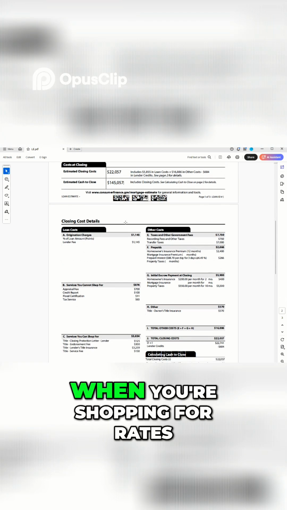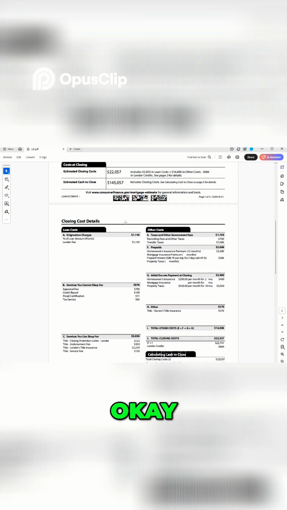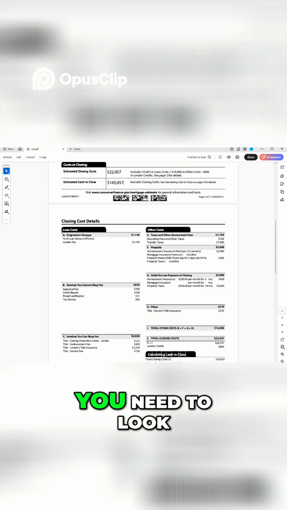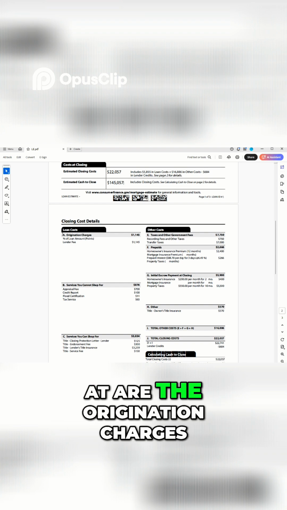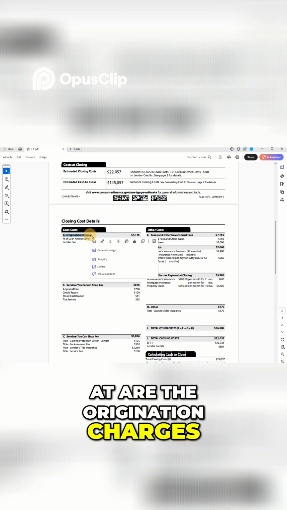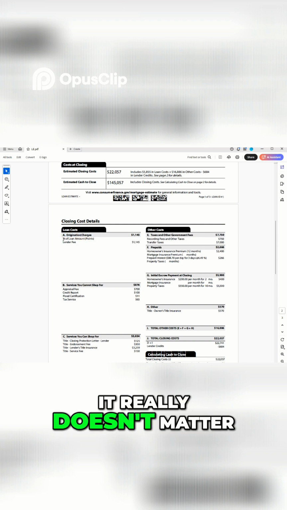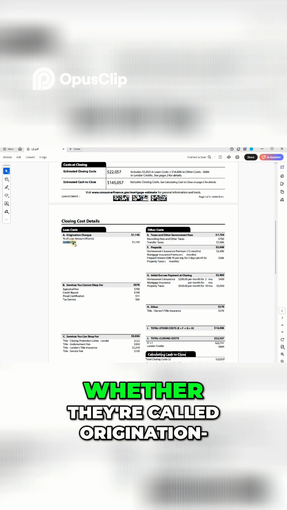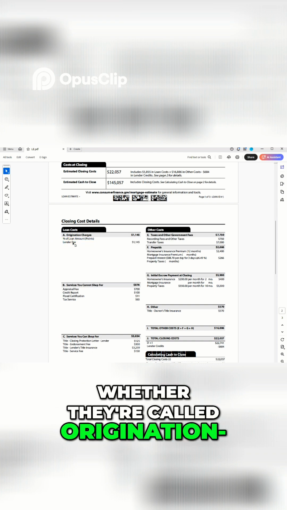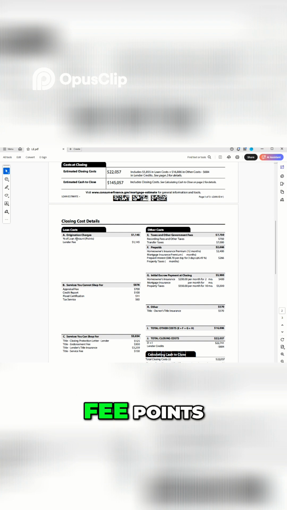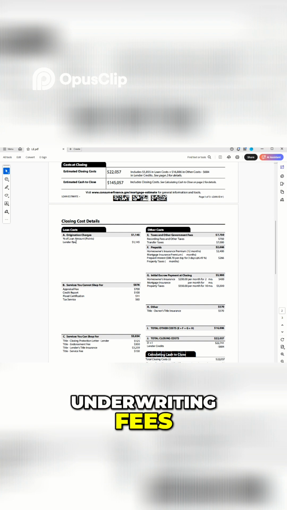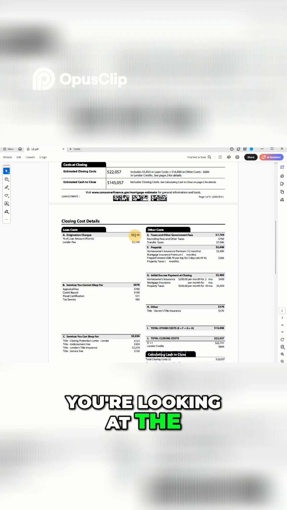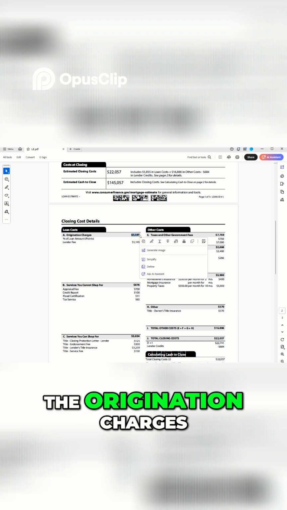When you're shopping for lenders, the main section that you need to look at is the origination charges. Now, it really doesn't matter what the breakdown is. It doesn't matter what they're called, whether they're called origination fee, broker fee, points, underwriting fees, so many different names. Your concern is the total dollar amount in the origination charges.